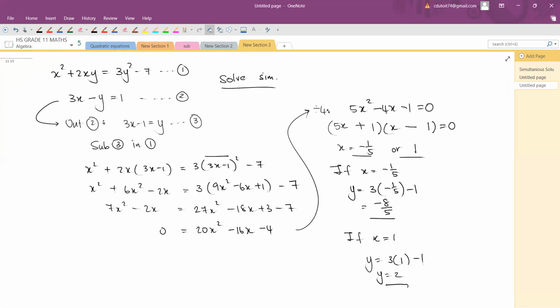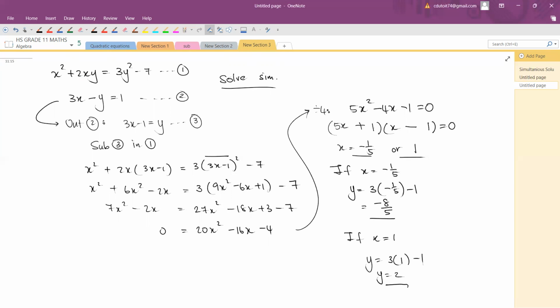It just takes a little bit of practice, because it's not really about the difficulty of the sum, it's about the flow of the sum. You need to get your ducks in a row. You have to know what the first step is: get the easy equation, make x or y the subject, put it back into the other quadratic equation, and then factorize and solve.